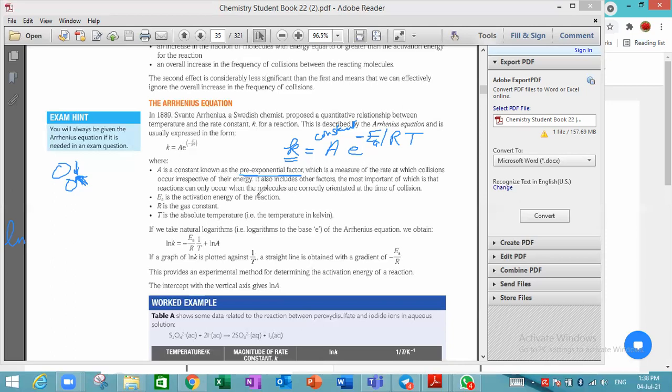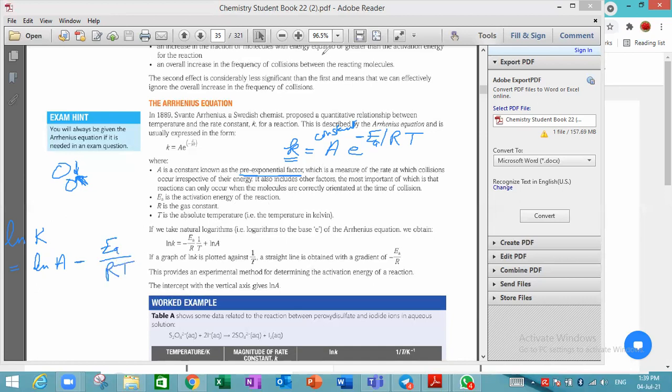If we want to change from ln to log to the base 10, we multiply by 2.303. These are mathematical functions you will find on your calculator. So if we take ln of both sides, ln k equals ln A, and then ln and e cancel each other, so we get minus Ea over RT.